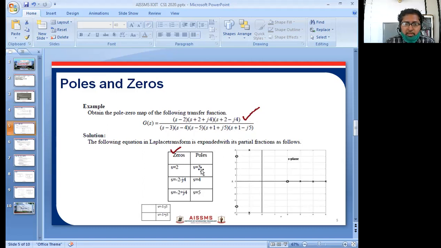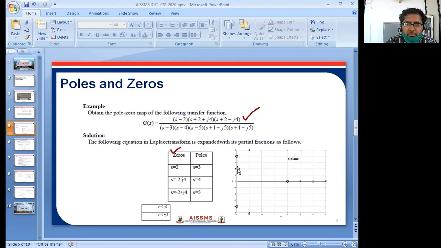So the poles are s equal to 3, s equal to 4, s equal to 5, s equal to minus 1 minus j5, and s equal to minus 1 plus j5. For the zeros, s equal to 2, s equal to minus 2 minus j4, and s equal to minus 2 plus j4.